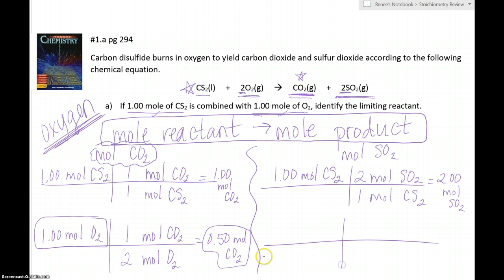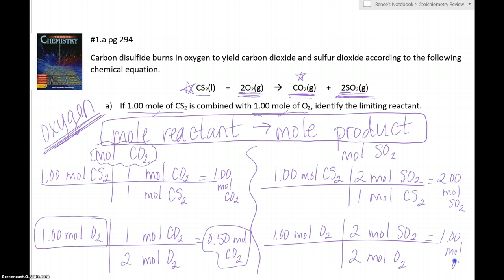And here, same thing, 1 mole of oxygen. It's the other reactant. We put mole of oxygen down here, mole of sulfur dioxide on top, and we pull from the balanced chemical equation 2 and 2. And that's obviously 1.